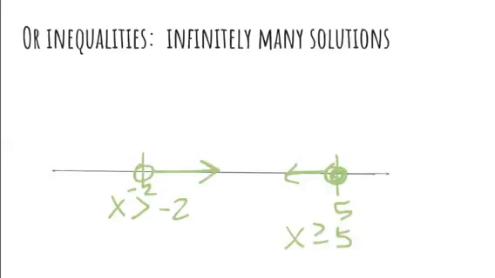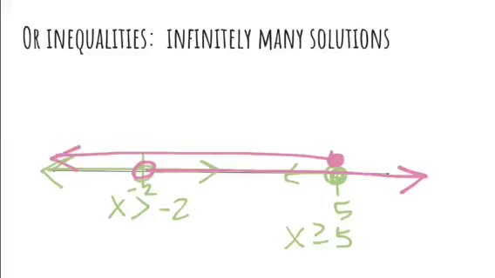Well, if a number to be a solution only has to be a part of one inequality, I have this continuing in this direction forever, and I have this continuing in this direction forever. So every number is over here or over here. So this is when it would be all real numbers, or all values of x, or infinitely many solutions, when you have arrows going in the opposite direction and it's an OR inequality.